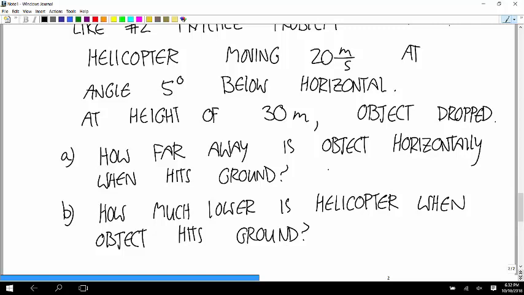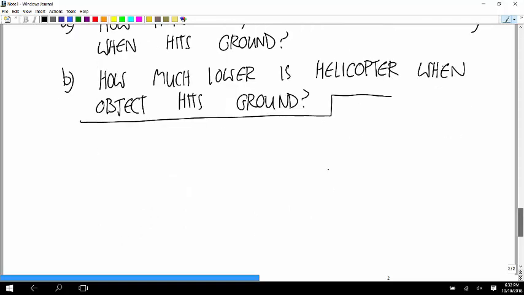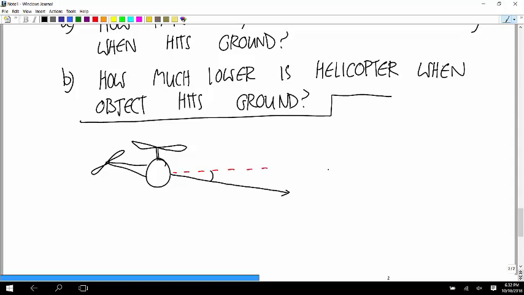Okay, so let me draw a picture of what's happening. So here's the helicopter. I just like to do problems with helicopters because I know how to draw them. If this is horizontal, the helicopter's moving at an angle of 5 degrees below the horizontal.